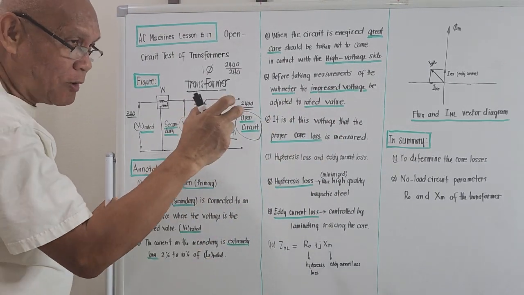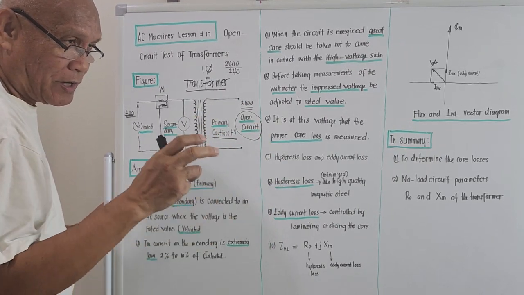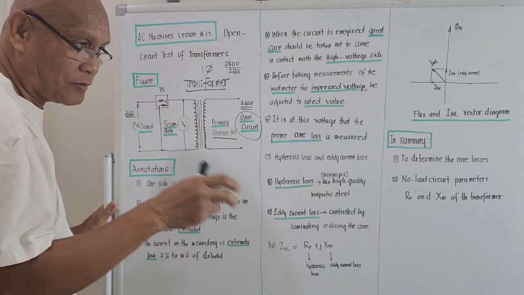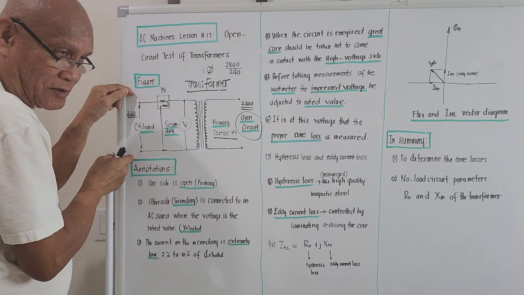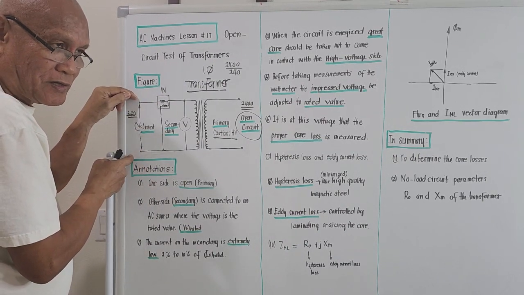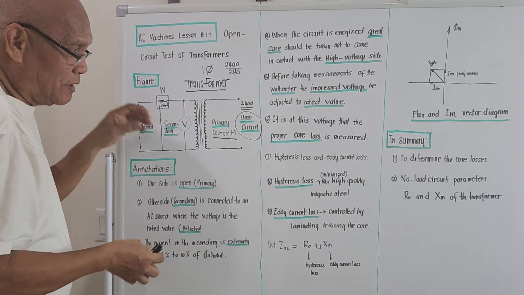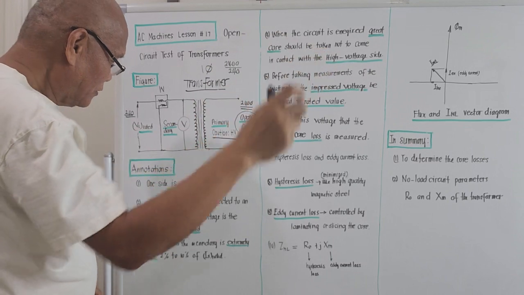There is a caution not to touch the primary side when the secondary side is energized. While performing the open circuit test, make it a point not to touch the two terminals of the primary side.